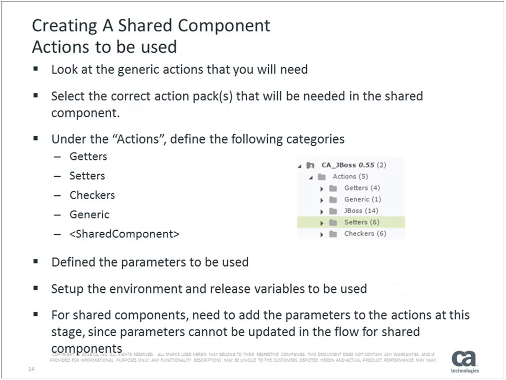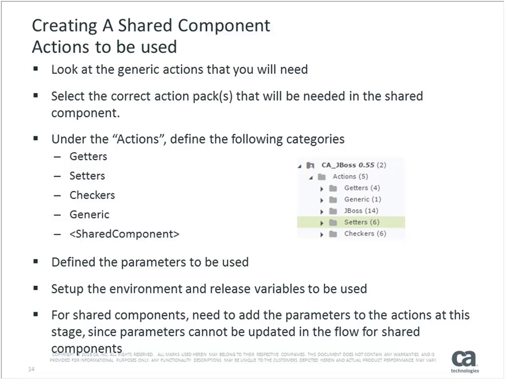And then we will go about creating a shared component and what is going to be used. In this example, I'm just showing you one of the practices that we're using: we created under the actions a series of additional subfolders. And in those subfolders, we have getters, setters, checkers, generic entries, and then we can create something specific to a web server. In this example it is JBoss.